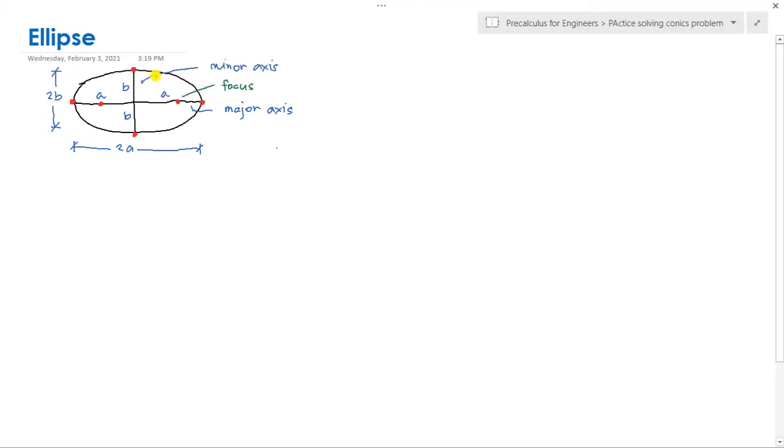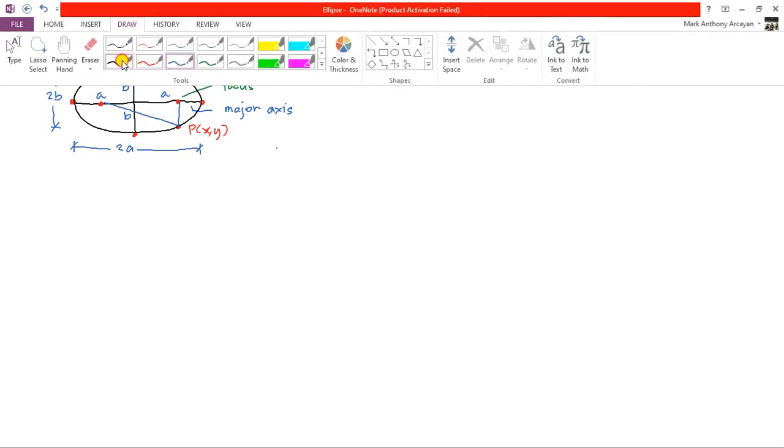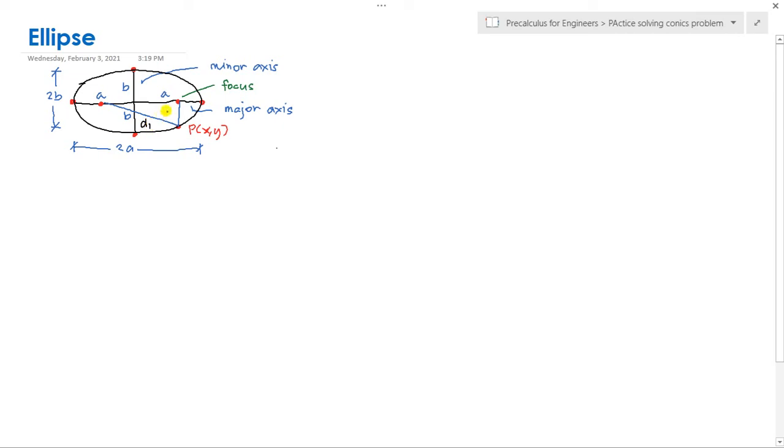So let's say this is our point. Let's say this is point P with coordinates x and y. So we don't know. So ang sum gikan ni point P padong sa kada focus, we're going to label this one as D1 and D2. So this is D1 and this is D2.